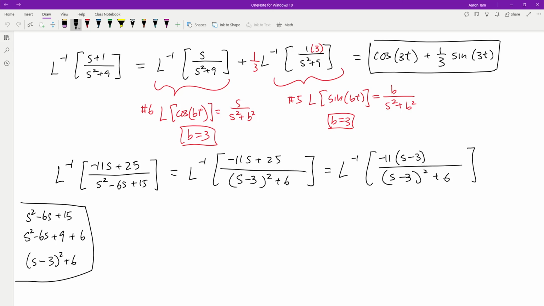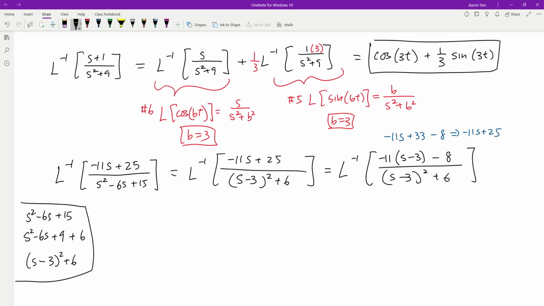So that would basically be negative 11s plus 33. But we only have plus 25. So what I need to do is subtract 8. So now what I have is negative 11s plus 33 minus 8. And that comes out to be negative 11s plus 25, which is exactly what we need without changing my expression.